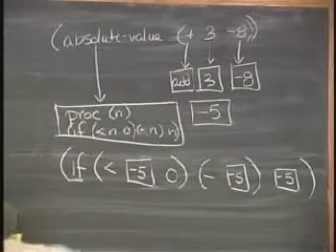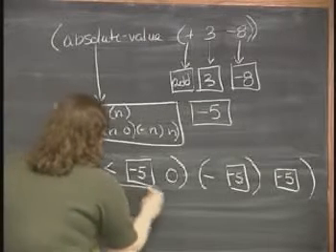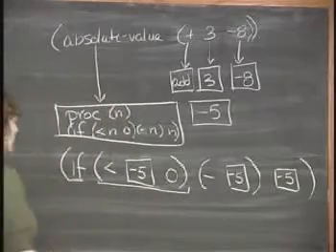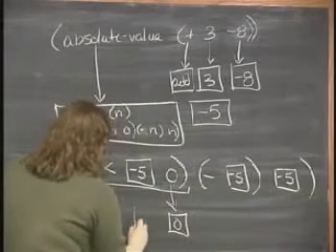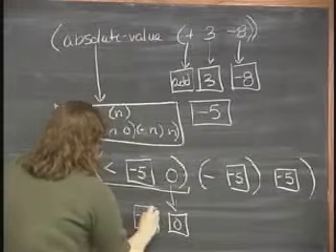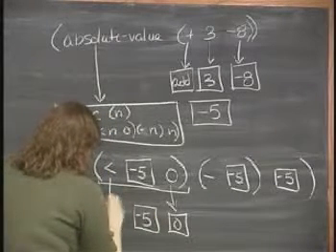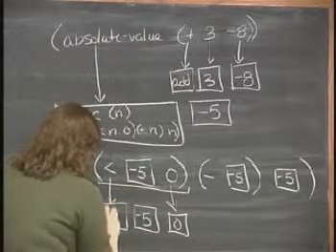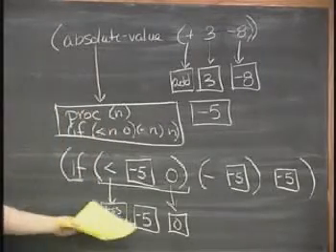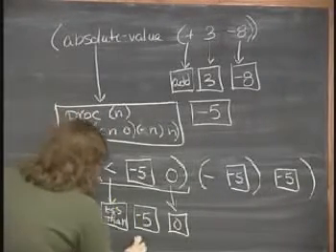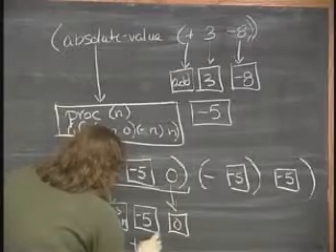And for the if, it says the first thing we want to do is evaluate the predicate. So we go through 0, minus 5 is already evaluated. Apply less than to minus 5 and 0, which is true.